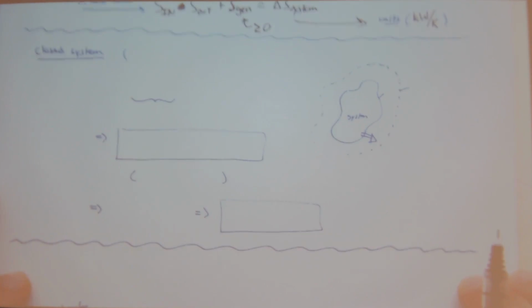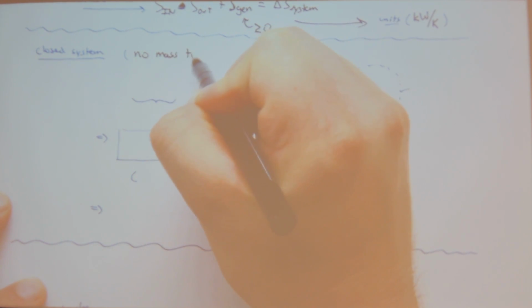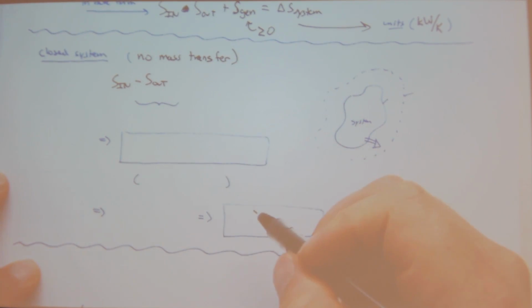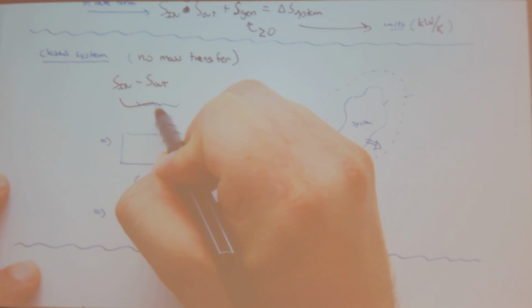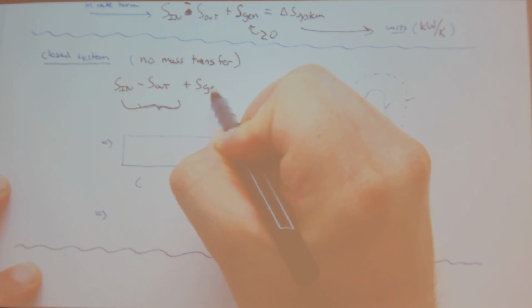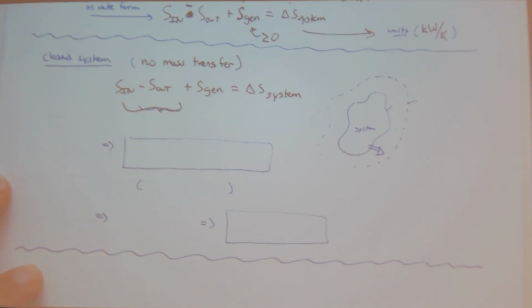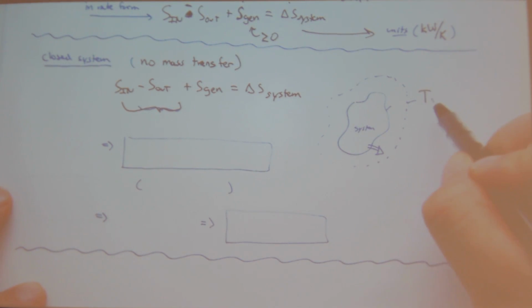So let's do a closed system example. Closed system, no mass transfer. So I have S in minus S out plus S gen equals delta S system. Let's say this is the temperature of my surroundings, and I have some heat out, and I have some boundary temperature.